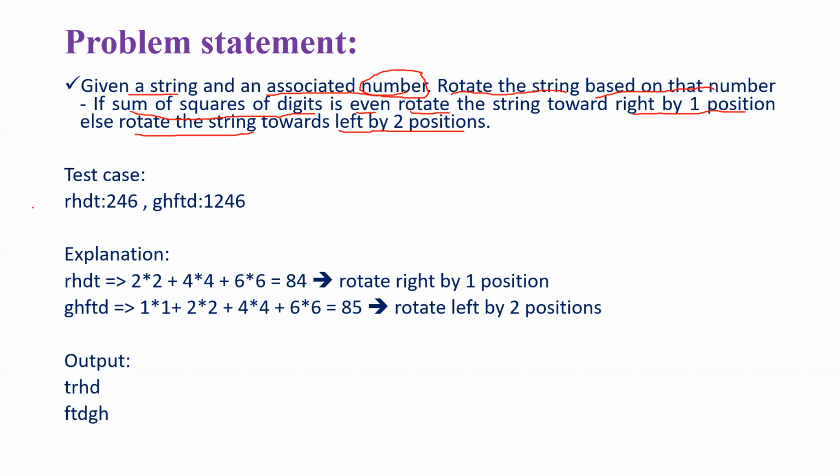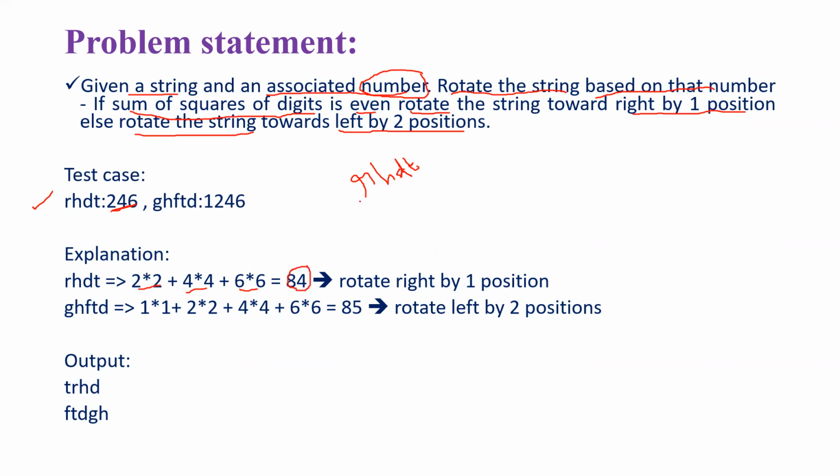Now see this here, I am taking RHDT and its associated number is 246. I need to calculate the sum of the squares of the digits, 2 square, 4 square, 6 square, and I got the sum as even.